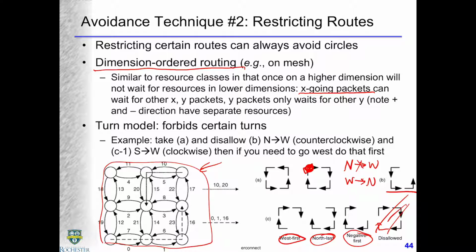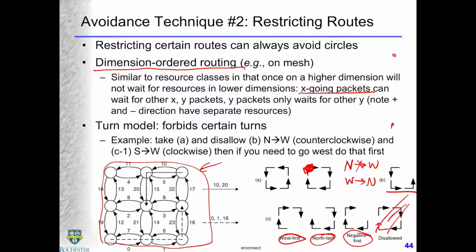But your Y dimension going packets won't turn. You get it? Because it's dimension order. You go X to the column you want, then you go on that column. So if you're already going on the Y dimension, you're not waiting for anybody who's going on the X dimension. You're only waiting for other Y dimension packets in the network.